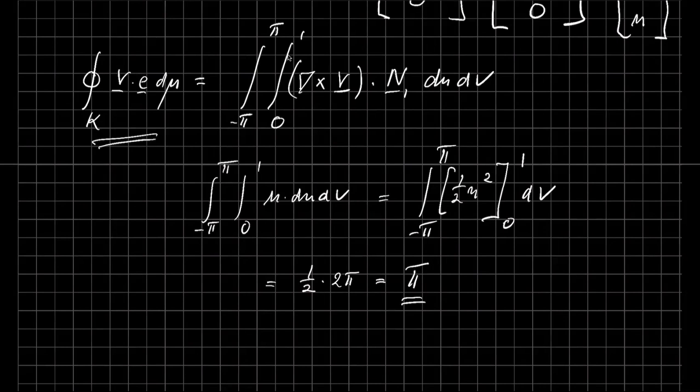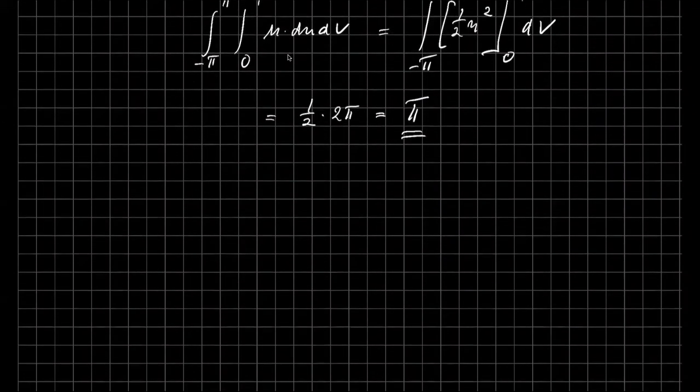Now let's see if we get the same circulation if we use the other surface. I have calculated the normal vector for the other surface.